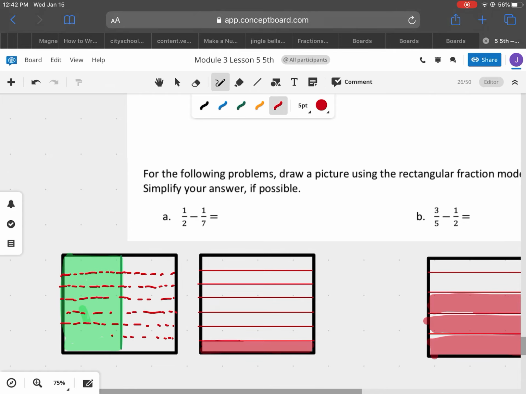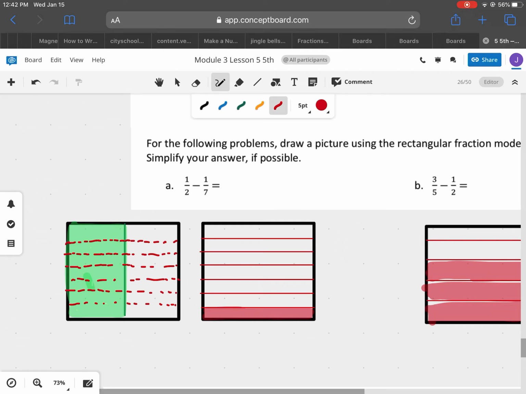They kind of go the opposite way. So now I have a new fraction. Before I had 1/2 of it shaded in, and now I have 1, 2, 3, 4, 5, 6, 7 out of 14 shaded in.